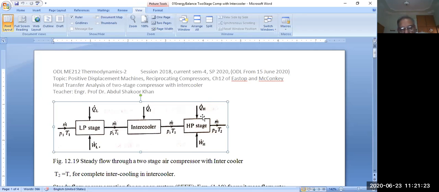In high pressure compressor, cooling water is circulating in the jacket. So heat taken by cooling water in the cylinder jacket is QL and QH, and QI is the heat taken away by the intercooler. Intercooler is again a heat exchanger between two stages, and water is circulating in it.